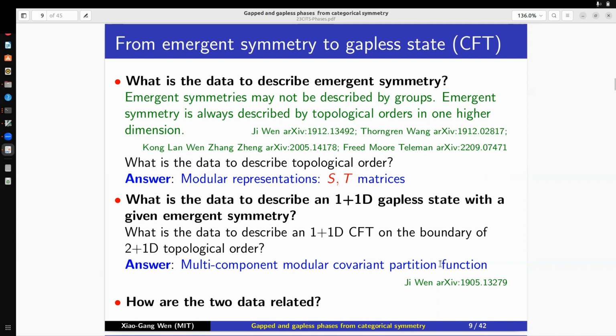And then the third question: how do these two sets of data get related? If you answer all three questions, then we have some kind of theory. We can use this emergent symmetry described by topological order to determine the multi-component partition function, from which we know what gapless theory we have. So that is the idea.